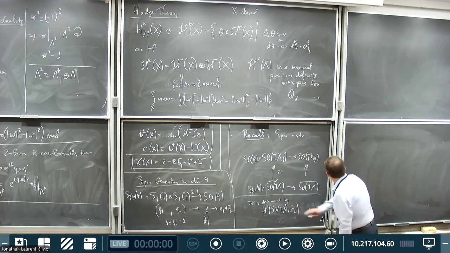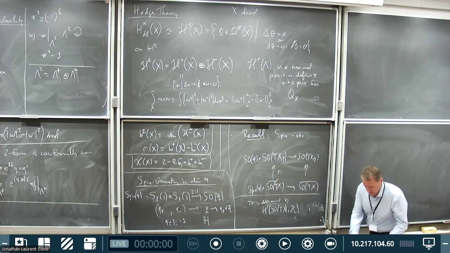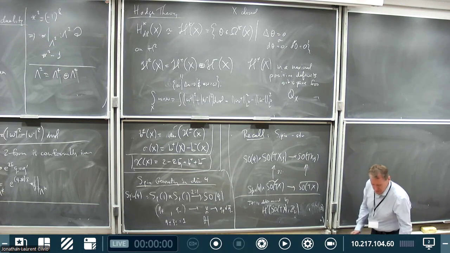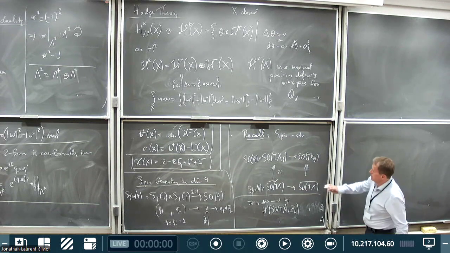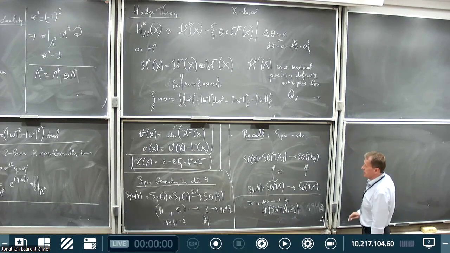And the way I want to think about this is: what does this spin structure give you?